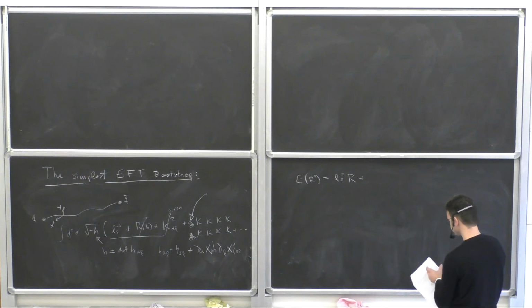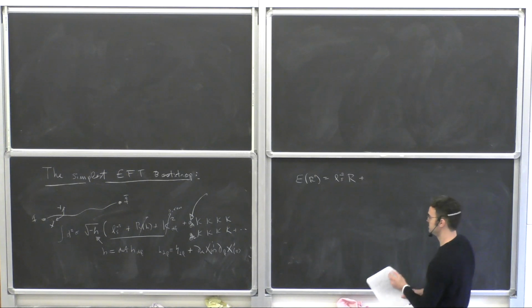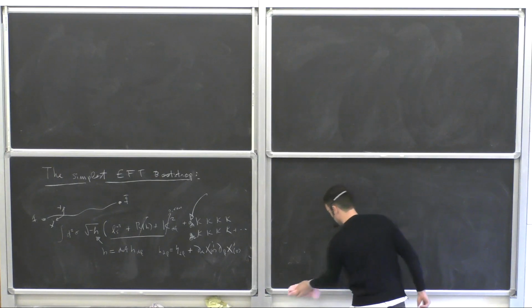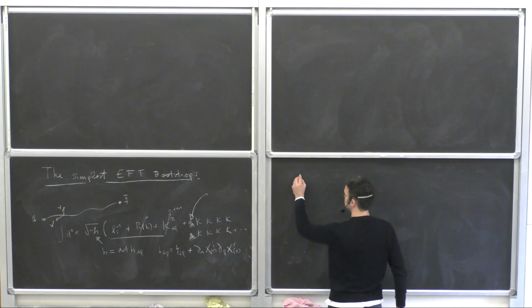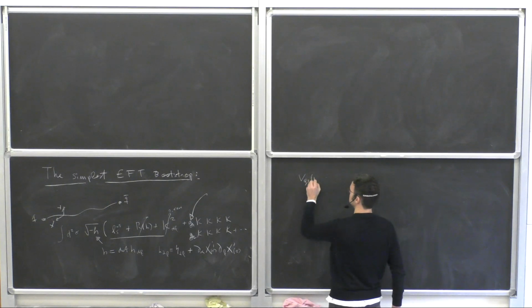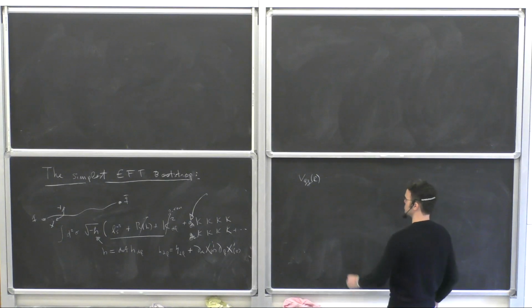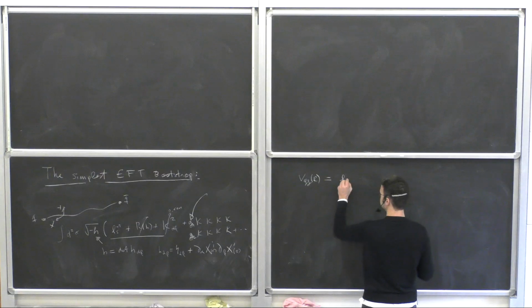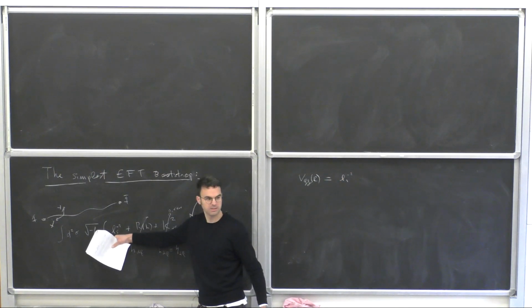Actually, the way I was writing it yesterday, which perhaps is even more intuitive, and because a couple of people asked me after the lecture, is to first write the effective potential, which is the vacuum energy density, as a function of the radius. At the leading order, we have the cosmological constant, which is simply this piece from the action.